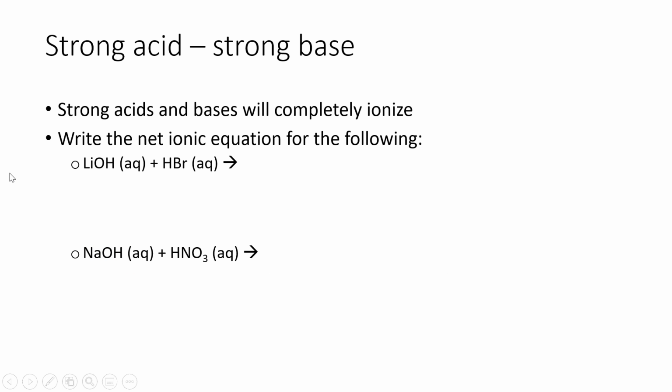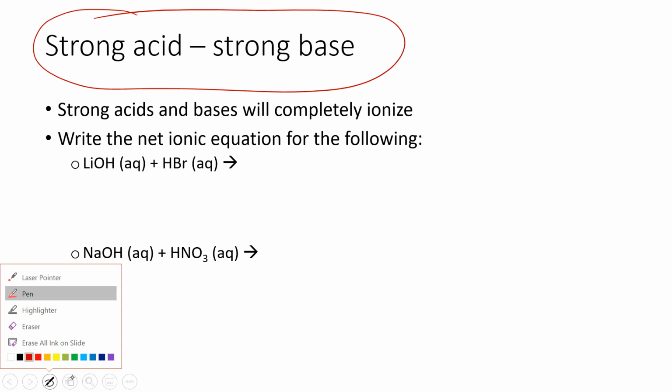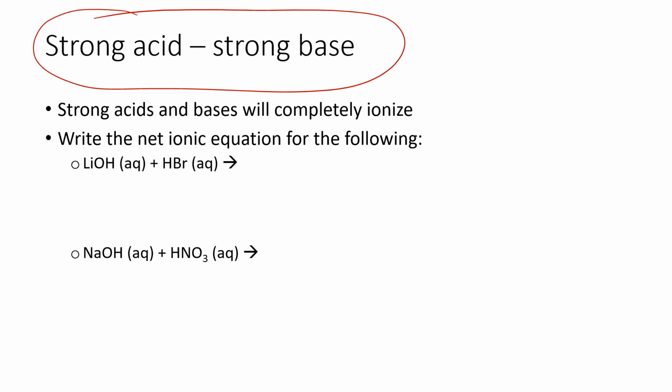So let's review what these strong acid, strong base ones look like. And with these ones, again, it's kind of a double displacement pattern here. The cations switch places. And when you have a strong acid and a strong base, you'll notice your strong acid always has a hydrogen in it, and your strong base has a hydroxide. So what happens when hydrogen and hydroxide come together, they form water.